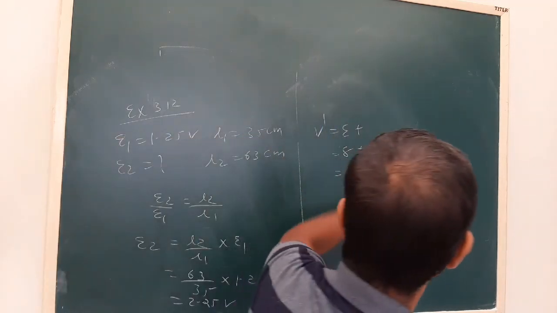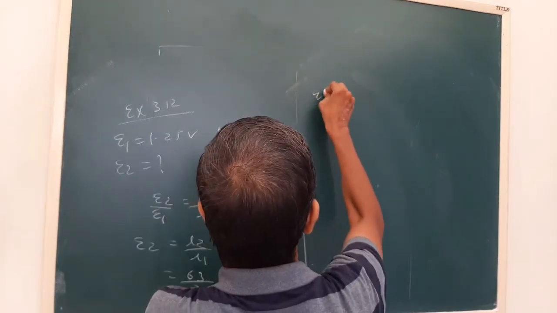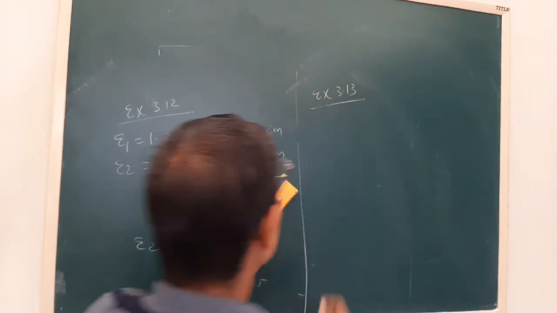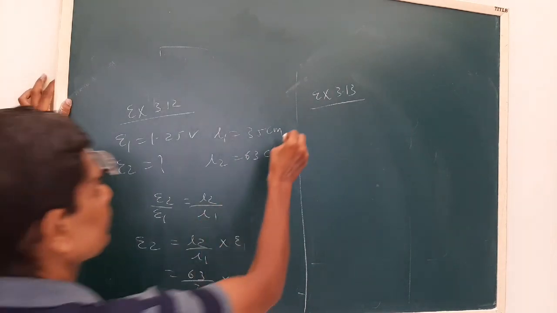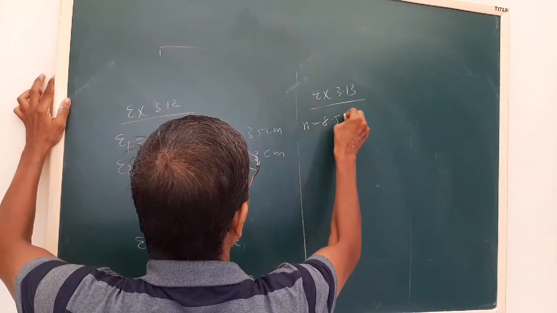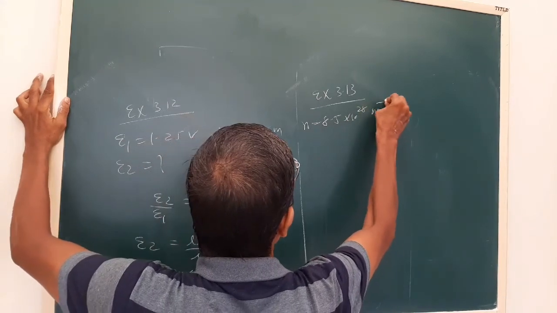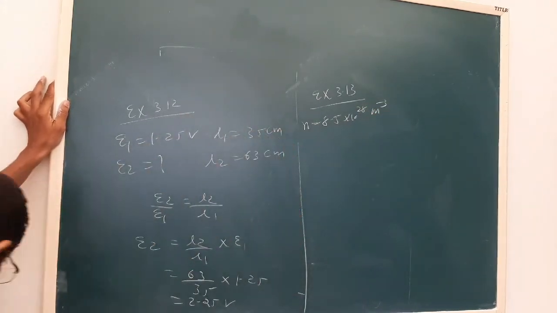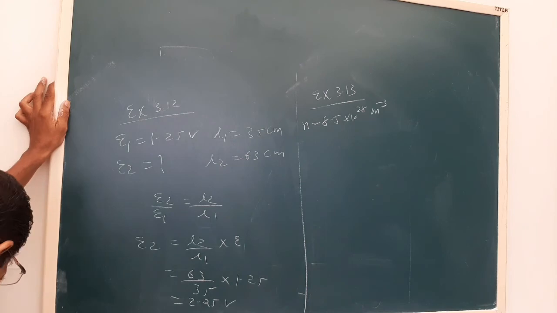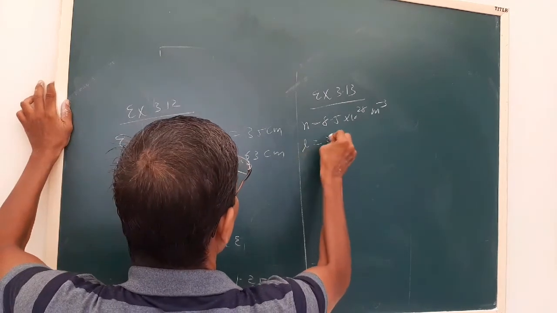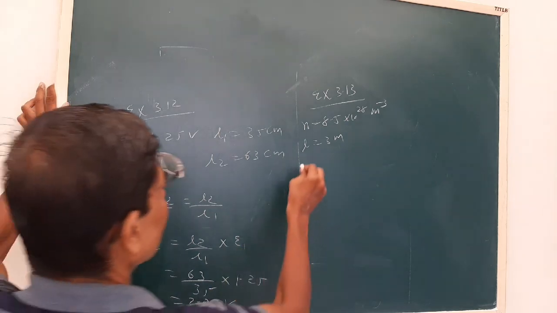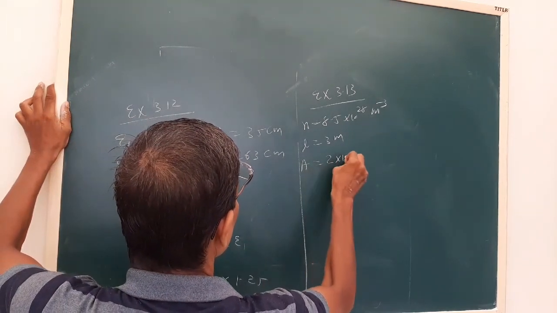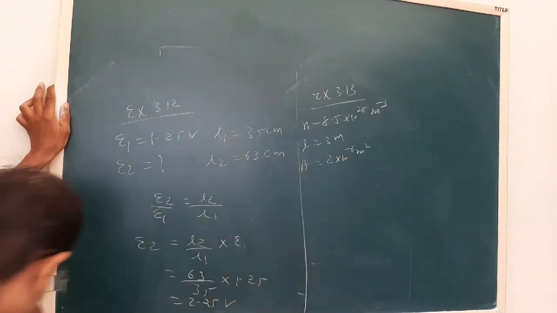Now next is exercise sum number 3.30. The number density of free electrons n is given as 8.5 into 10 to the 28 per meter cube. The length of the conductor is 3 meter, and area is 2 into 10 to the minus 6 meter square.